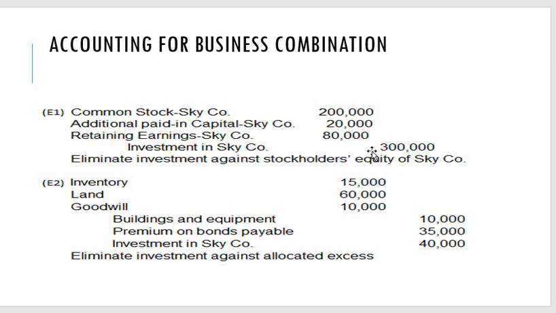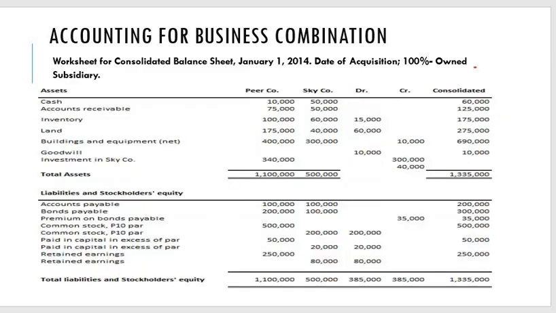The amount you credit to investment in Sky Company is equal to the book value of Sky, which is 300,000. To reflect that in your working paper, that's our first eliminating entry. The debit eliminates the equity accounts of the subsidiary, 200,000, 20,000, 80,000. Of course, we credit investment in Sky Company at 300,000.